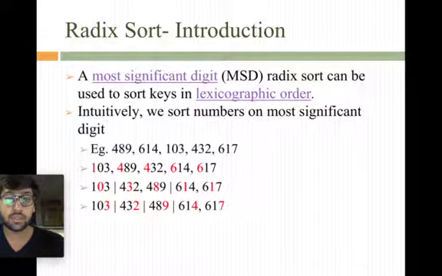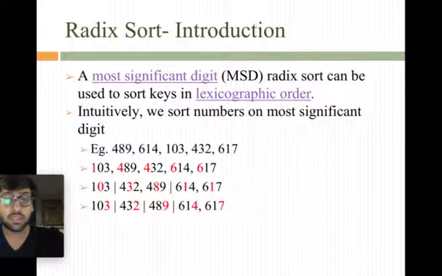As the name suggests, I'll be sorting these numbers depending on the radixes of the numbers. One very intuitive idea when we think of radix sort is using the most significant digit radix sort, and it is used to sort the keys in a lexicographic order.